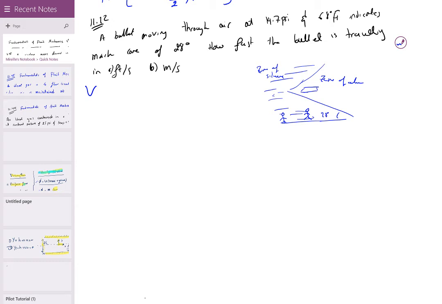Now the Mach number when we have the Mach cone is 1 over sine alpha, which is also equal to V over C. This implies V is C over sine alpha. C is square root of gamma RT, and we are given sine alpha.